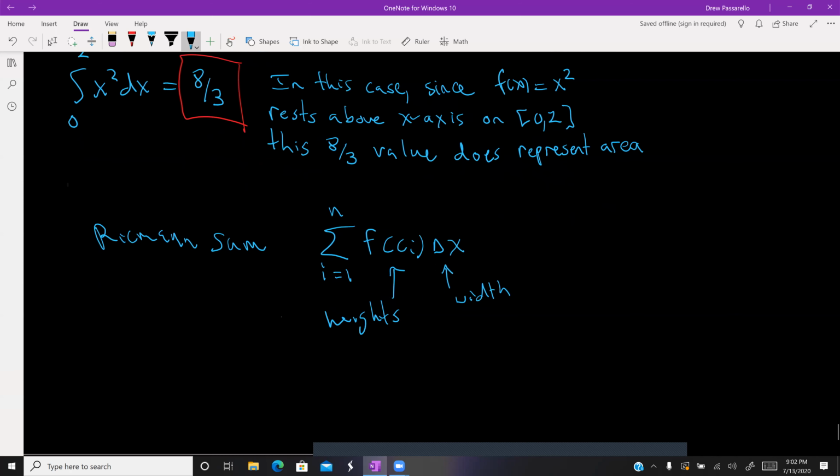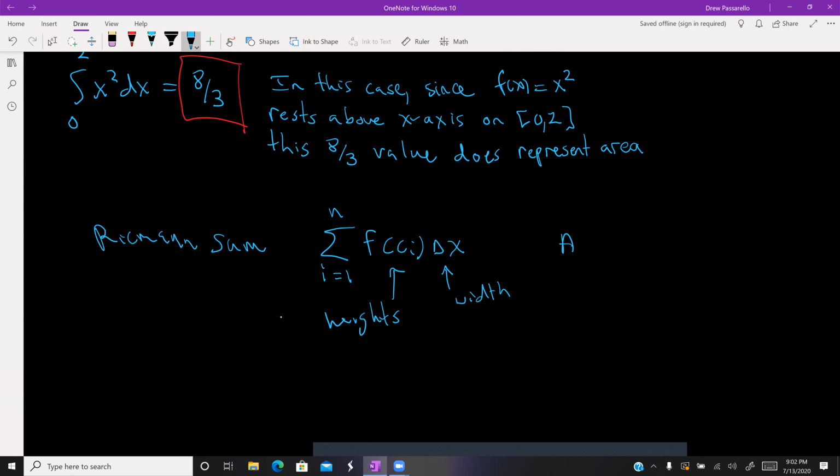So that gives an approximation for the area, provided that the function is positive. Otherwise it wouldn't be an area, it would just be a negative number.